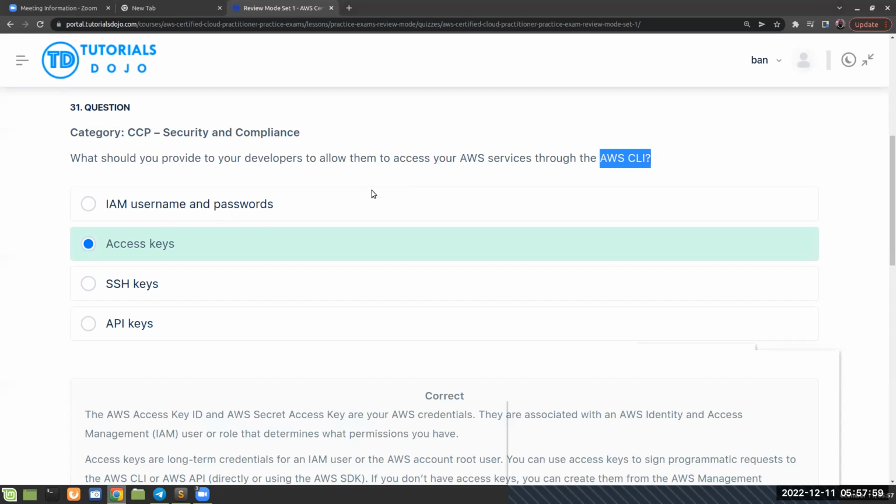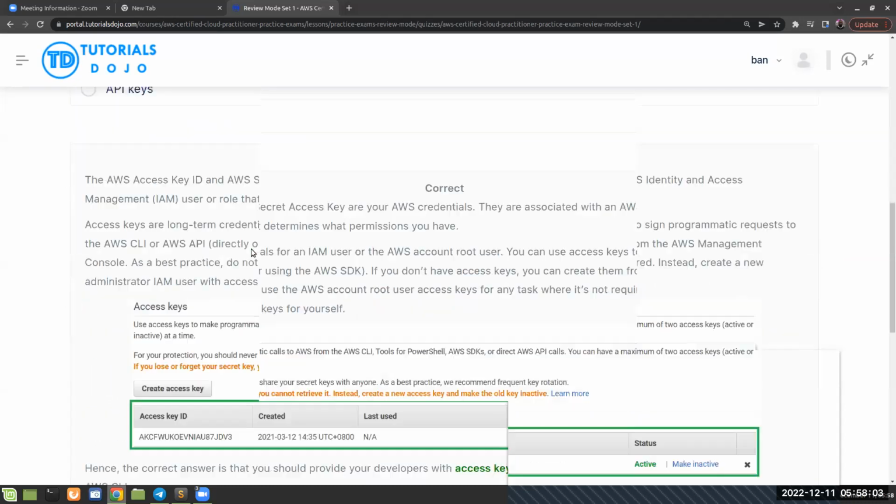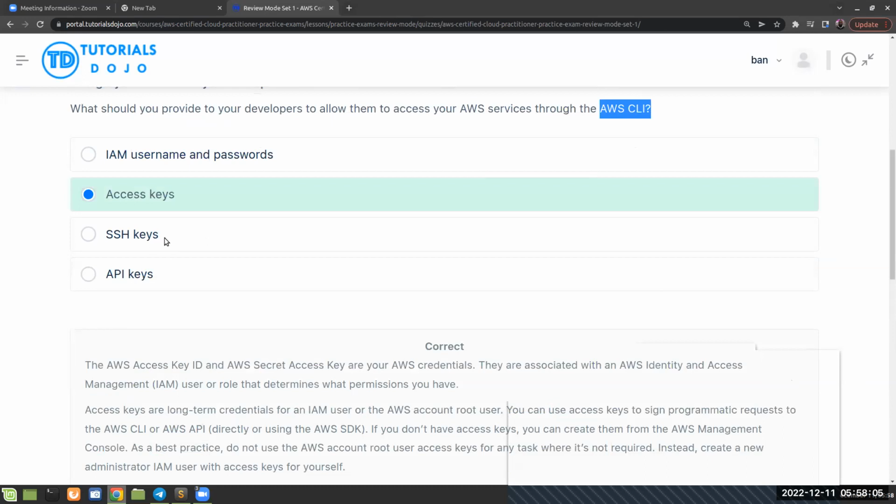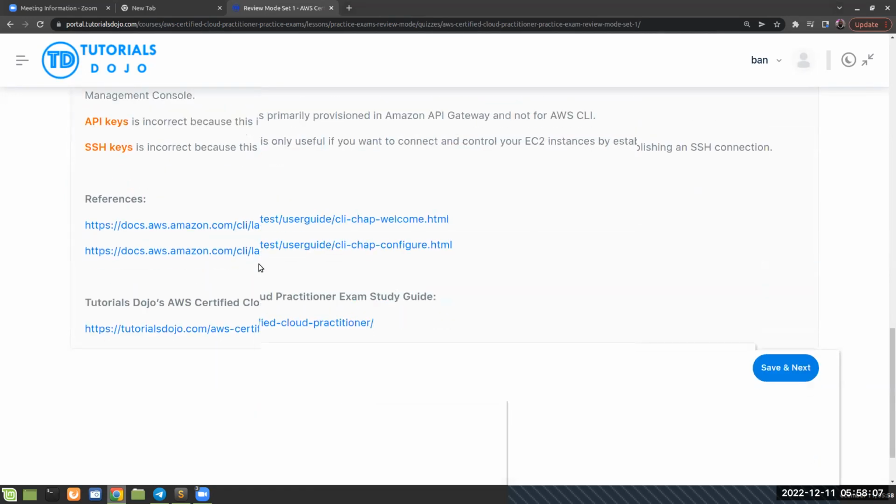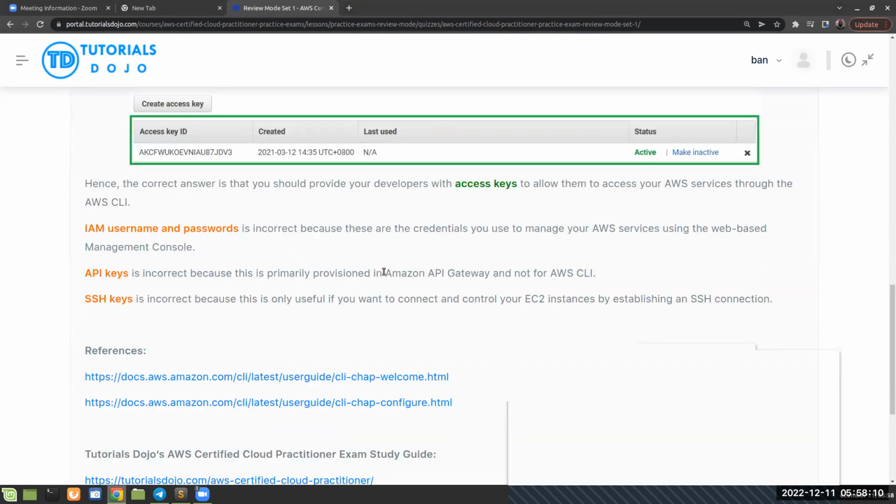For the SDK and CLI, you will always need access keys, as API keys is primarily provisioned in Amazon API Gateway and is not used for CLI. SSH keys is used to connect and control your EC2 instances by establishing an SSH connection.